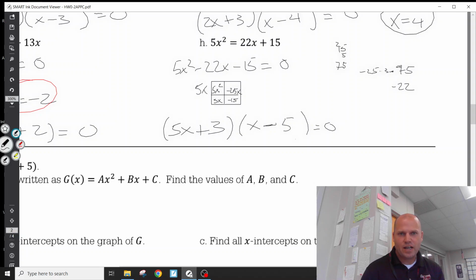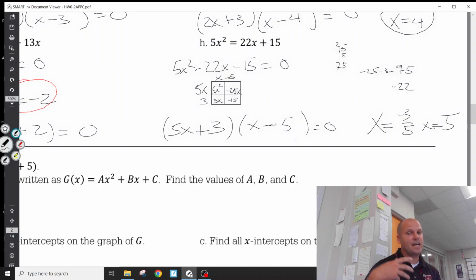This has to be a 5x because it shares a 5x and a 25x. This has to be x, 5x times negative 5, x times 3. There you go, 5x plus 3 and x minus 5. Got the same thing. Solutions, negative 3/5 and 5. If you didn't know how to get negative 3/5 and 5 like that, just show your work. 5x plus 3 equals 0, x minus 5 equals 0.